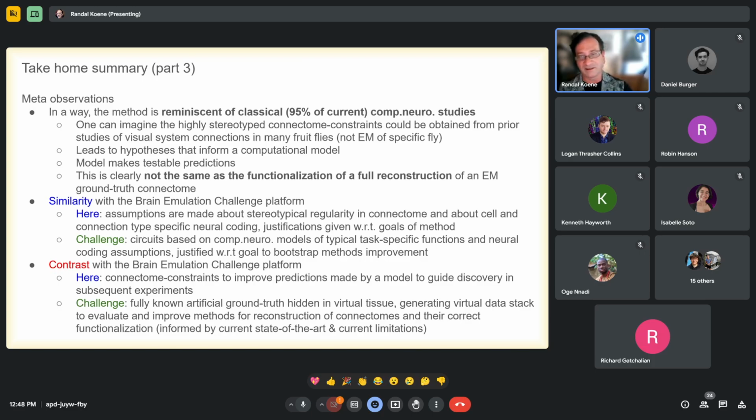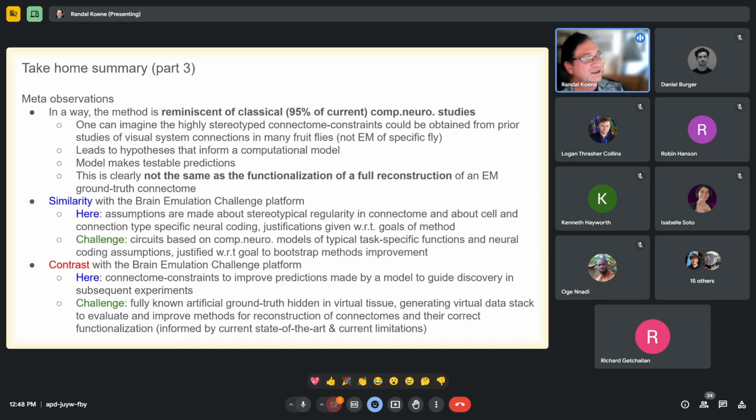So that is a set of limitations, but the discoveries that come out of that about how much this matches reality or doesn't match reality, those that we are trying to give about the models by having them test our ground truth systems, can then be used to improve the models, which in turn tells us something about the resolution that would really be needed or extra data needed and so forth. So that improves what we have to put into the challenge. And it's this bootstrapping iterative loop that we're looking for. So in that sense, some of the justifications that we make for our assumptions in the brain emulation challenge are similar to the justifications for a study such as this.